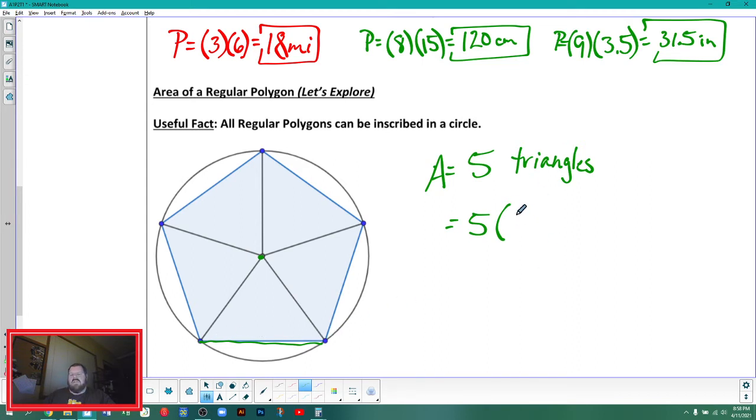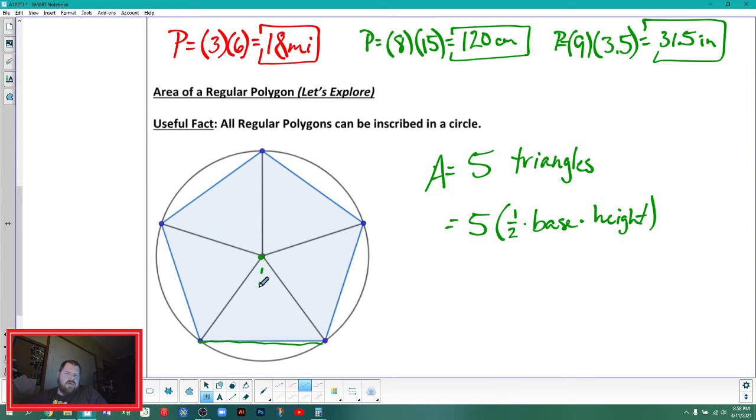Well, we need the base. The area of a triangle is 1/2 times the base times the height. Let's first look at the base. What is the base of this triangle?